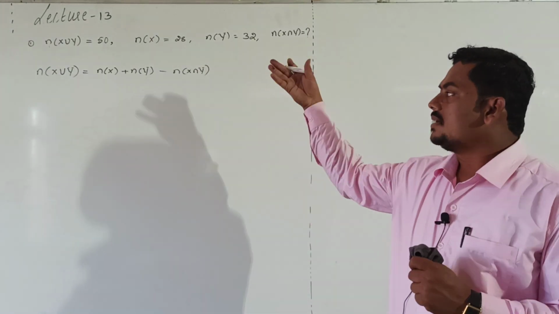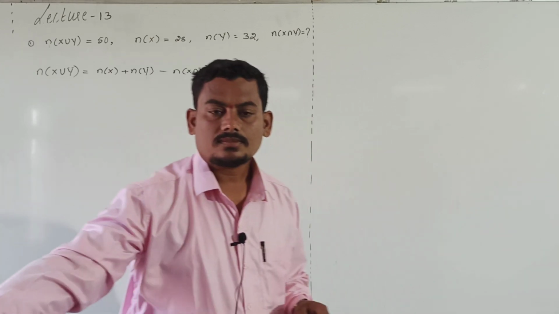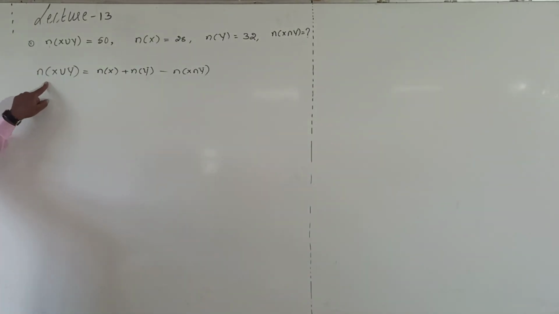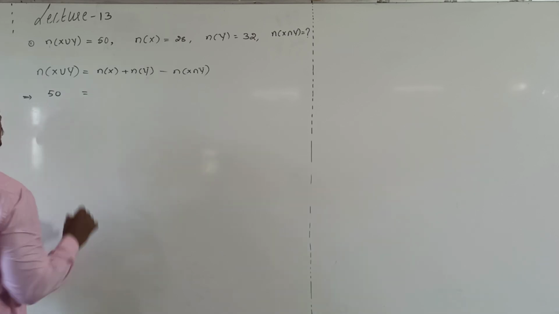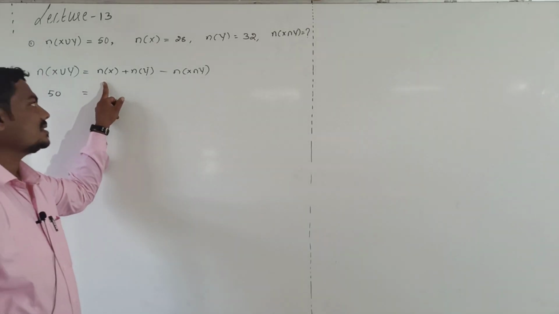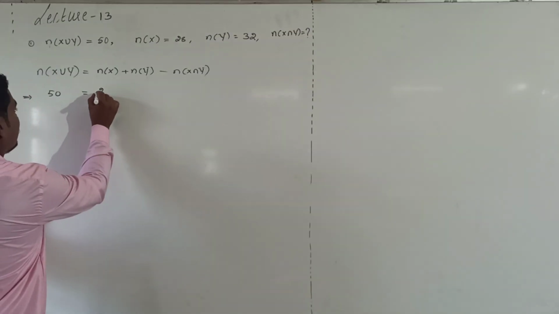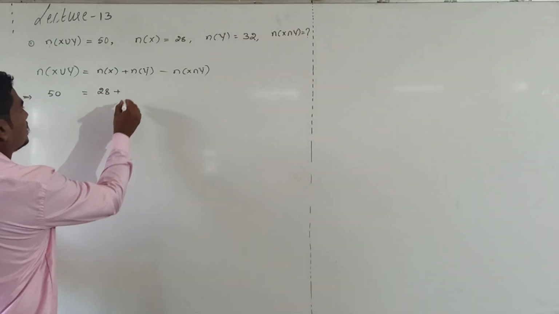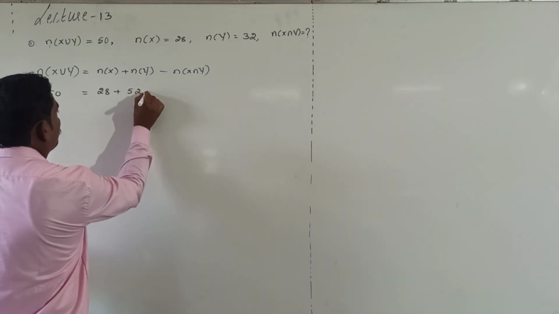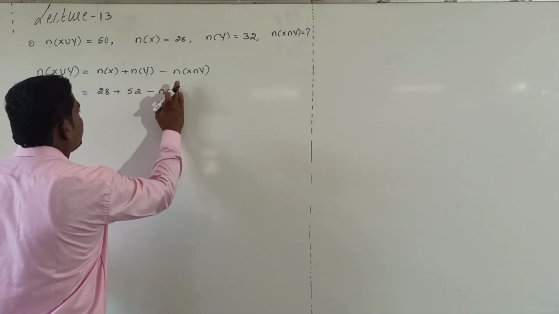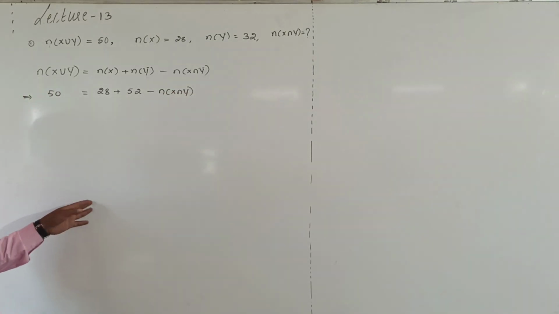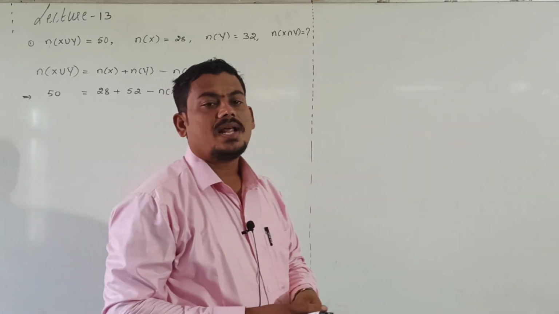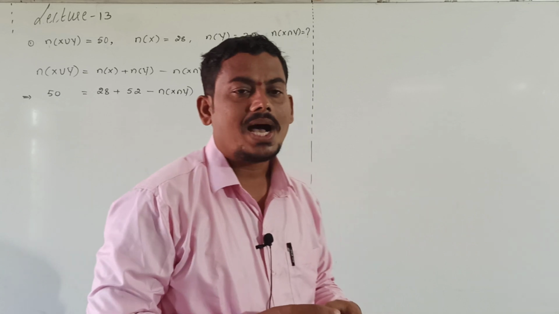Using this formula and simplification: the number of elements in X union Y is given, just replace it, it will be 50. That is equal to the number of elements in X, also given, 28, plus 32, minus the number of elements in X intersection Y. This is the unknown quantity we need to find.